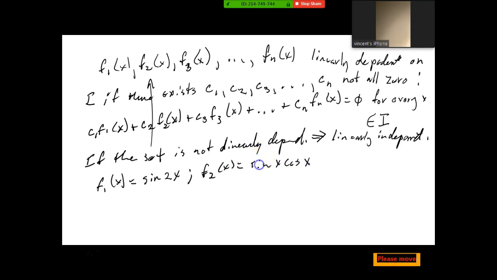Okay, and it just is not writing. Okay, guess what? They are linearly dependent.